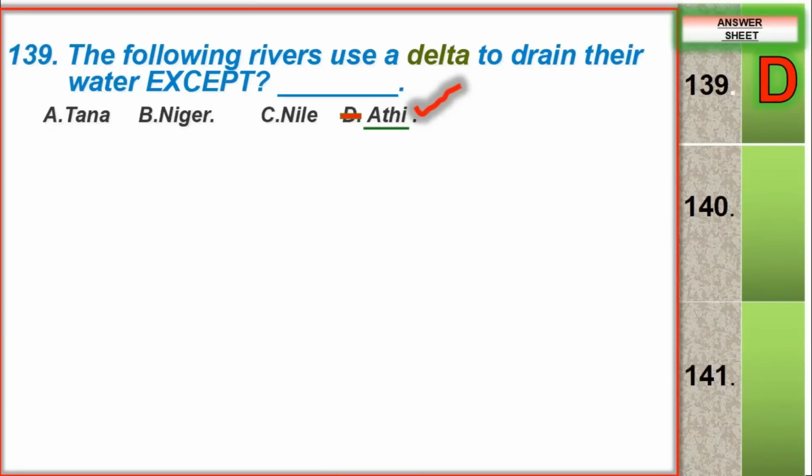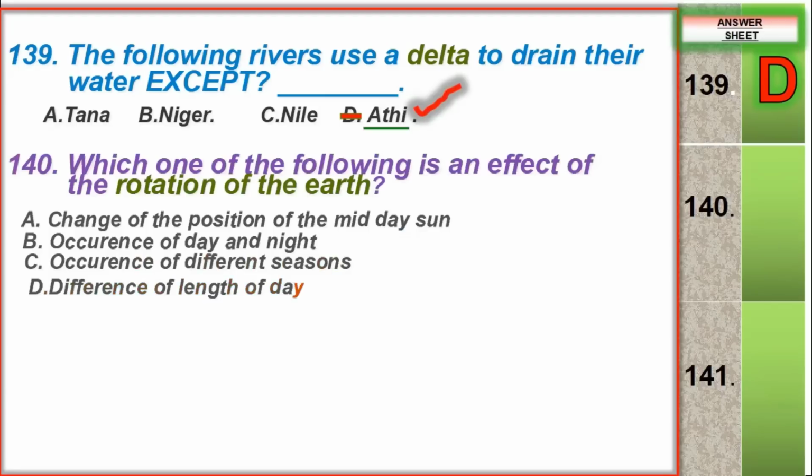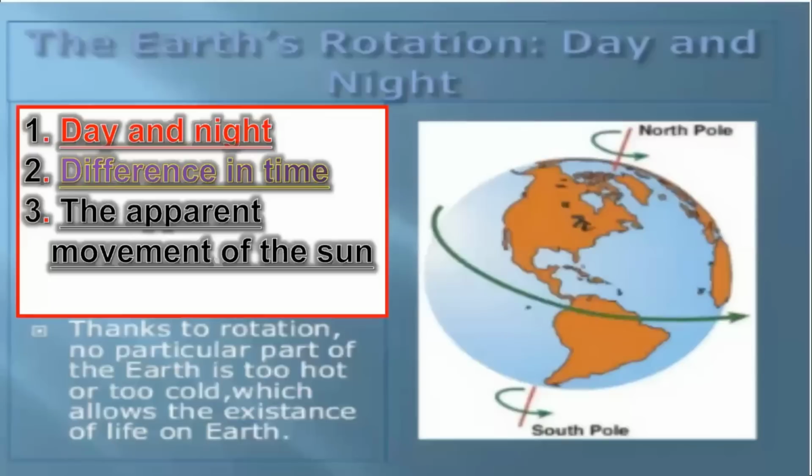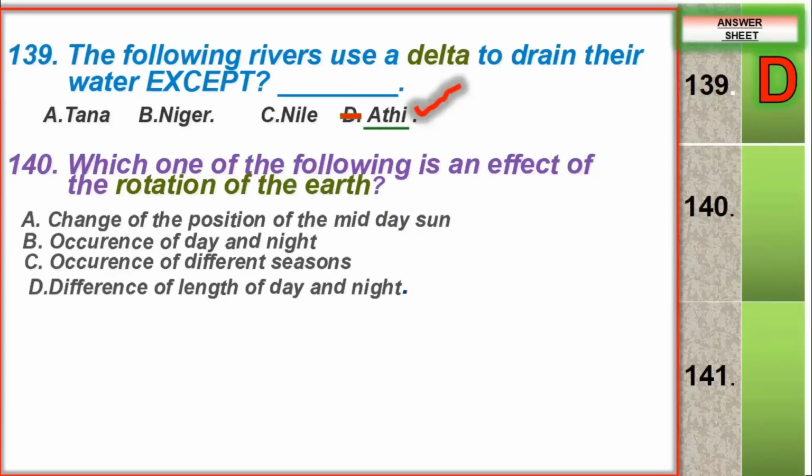Question 140. Which one of the following is an effect of the rotation of the earth? Change of the position of the midday sun, occurrence of day and night, occurrence of different seasons, difference in the length of the day and night. Look at this. Rotation causes day and night, difference in time and the apparent movement of the sun, such that we see as if the sun is moving, but it is literally not moving.